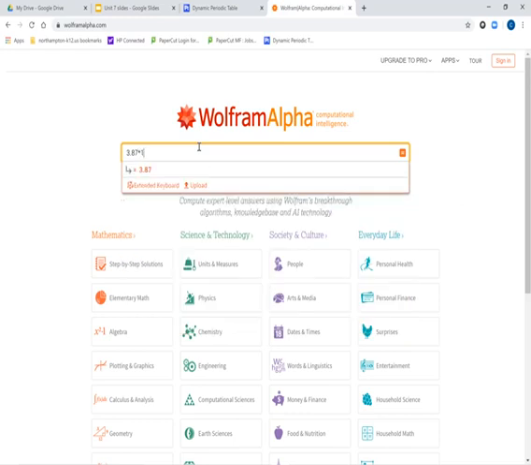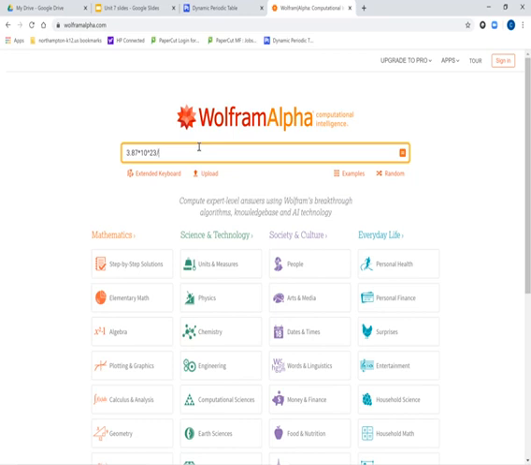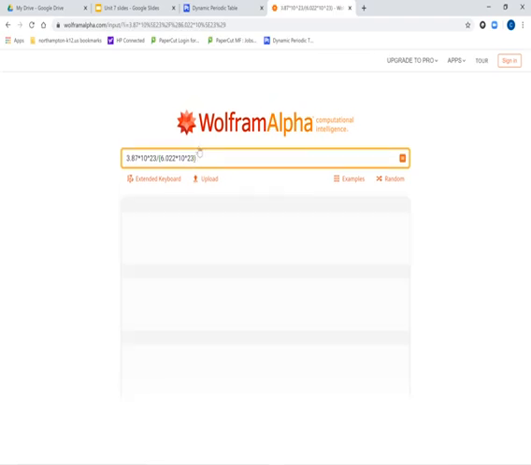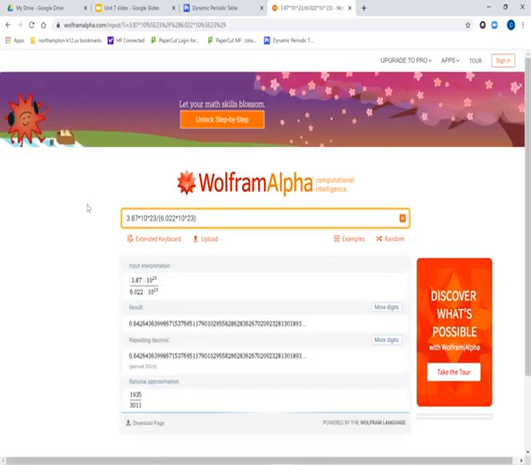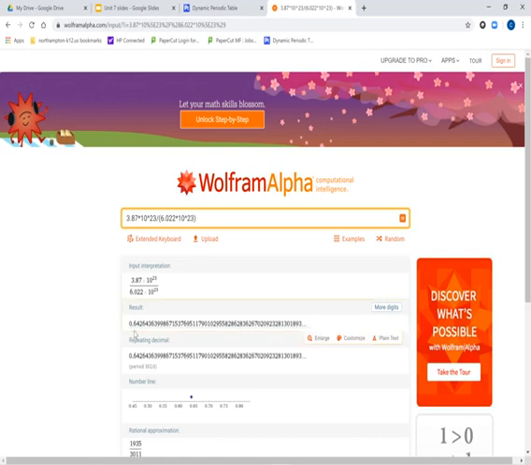3.87 times 10 raised to the 23rd divided by, I'm going to put this in parentheses so that it doesn't mess up my calculations, 6.022 times 10 raised to the 23rd. Make sure that you use parentheses as well. That gives us 0.643, looks like.